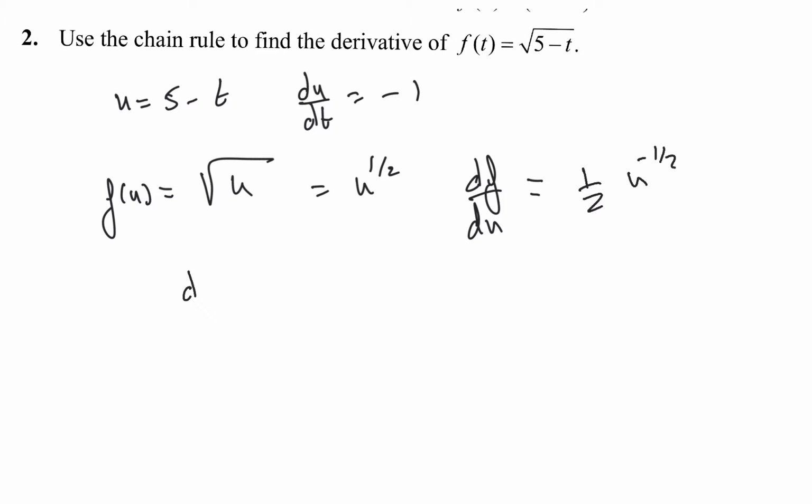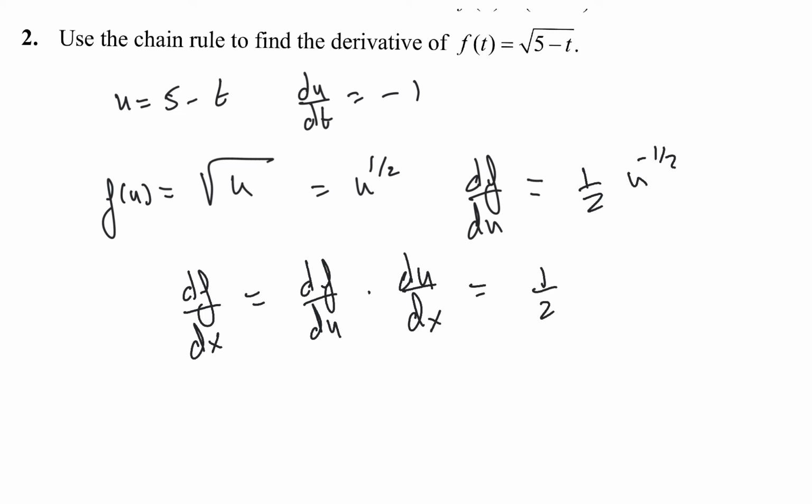So what is the derivative of f respect to the x? It is the derivative of f respect to the u multiplied by the derivative of u respect to the x. Putting all the pieces together, the derivative of f respect to the u is 1/2 times 1 divided by the square root of u, multiplied by the derivative of u respect to, well, this is respect to t, sorry.